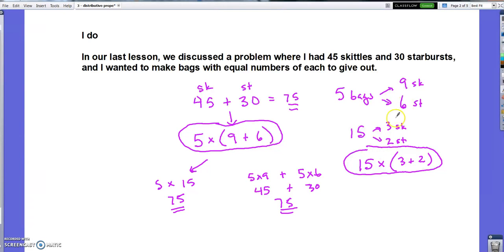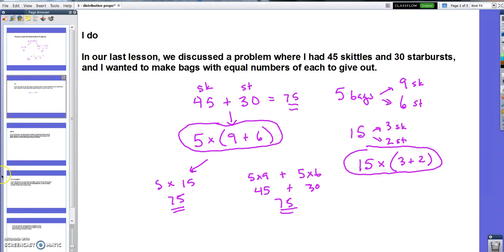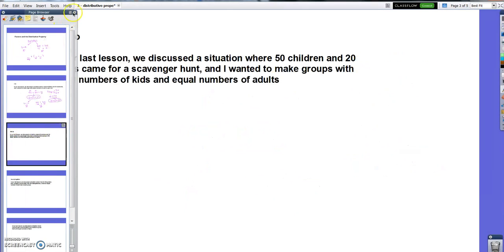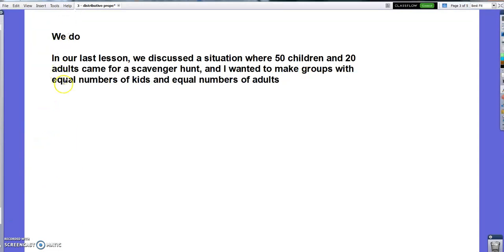All right, let's open your notes up and let's do the next one in your math notes, shall we? So the next situation we did last week was this one. This is our last session. We discussed a situation where 50 children and 20 adults came to a scavenger hunt. So I had 70 people altogether, 50 children, 20 adults. And I wanted to make groups for the scavenger hunt with an equal number of kids and adults so that they could divide up.